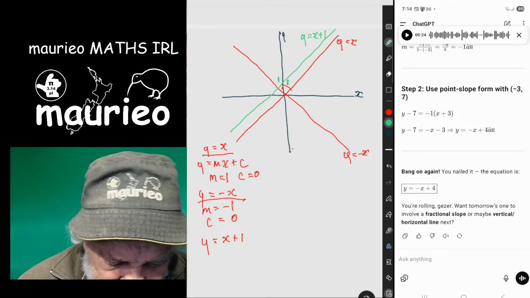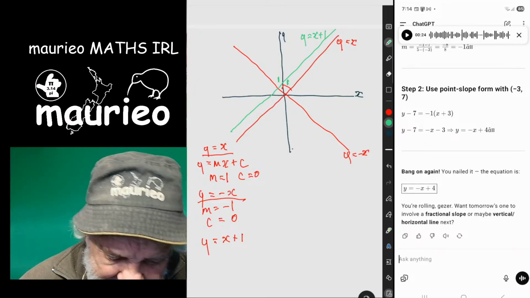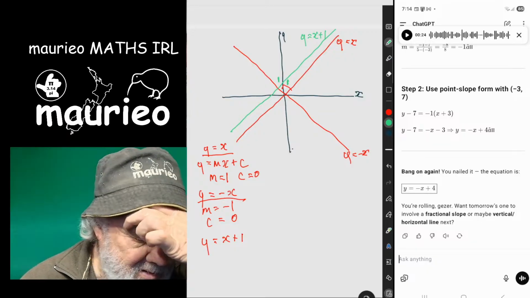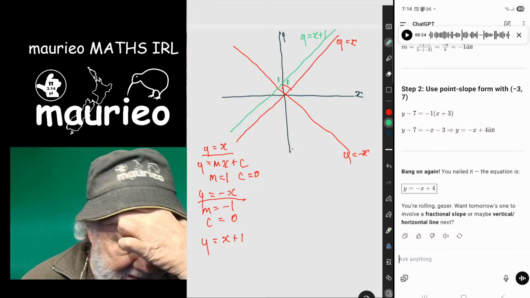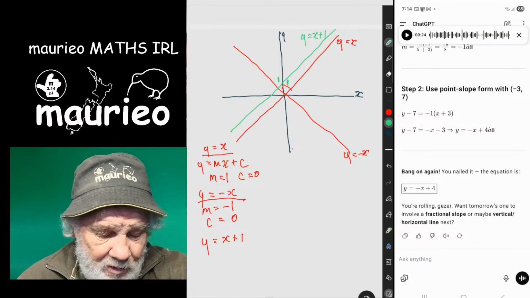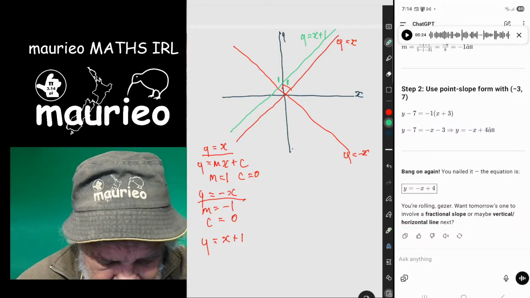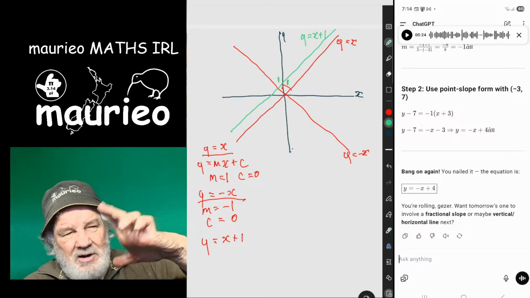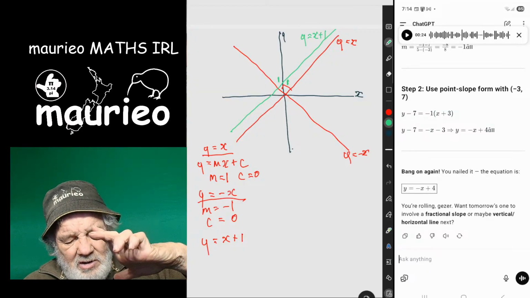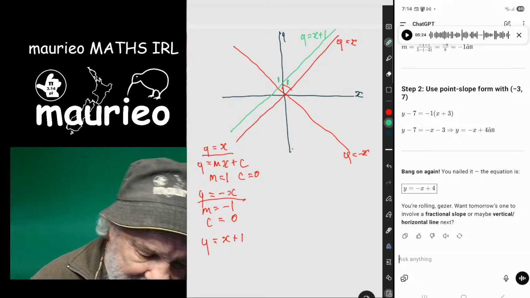If you want to change the gradient of it, if you change the gradient to a half, 1 over 2, it flattens it.